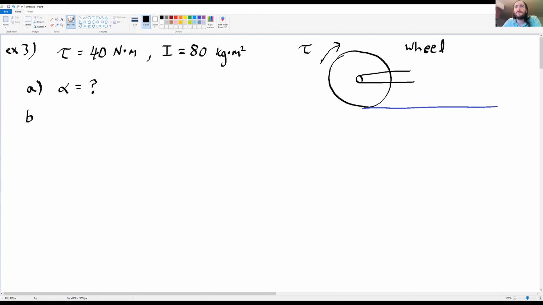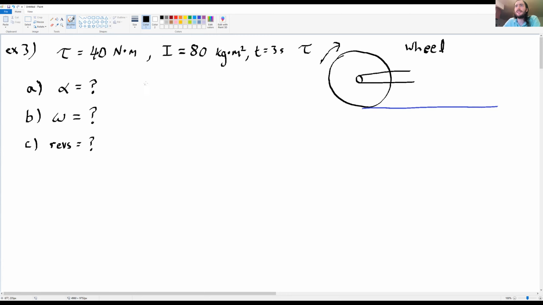For part B, maybe we can calculate an angular velocity if we assume that this torque is being applied for 3 seconds. Keep it simple, right? And then, it's good to get some practice: how many revolutions? Okay, we'll stop it right there. We don't want to do too many parts here.